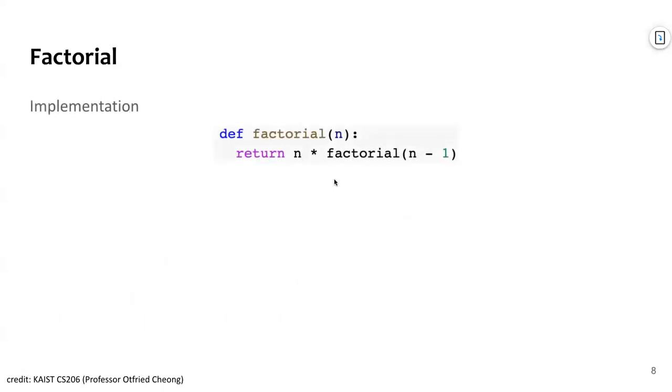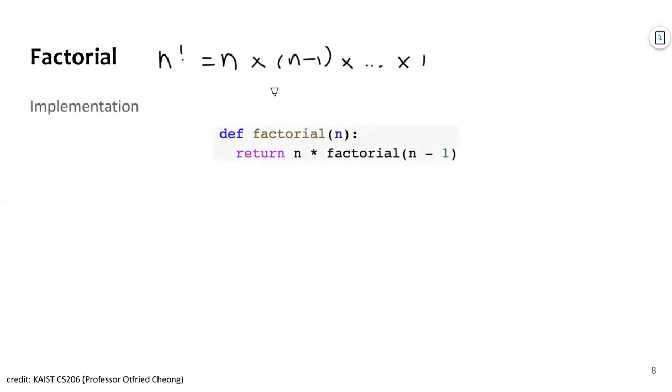So let's implement factorial. So what is factorial? N factorial is simply n times n minus 1 times, until we reach 1, right? So this is a simple operation.